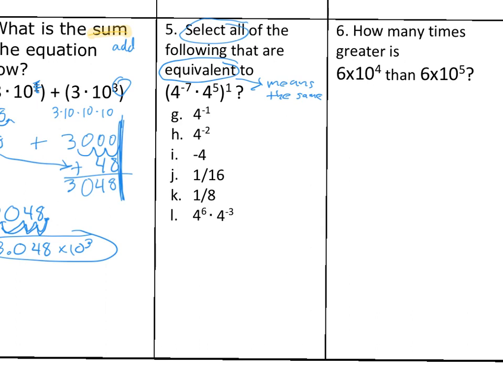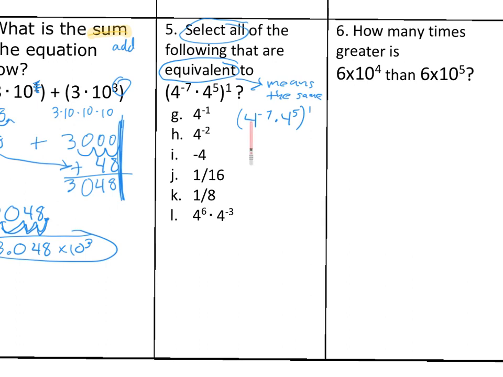All right, so what we want to do is find out which of these here are the same as this here. So what I'm going to do is just work it out on the side. So we got 4 to the negative 7 times 4 to the 5th power, give it a set of parentheses to the 1st power.